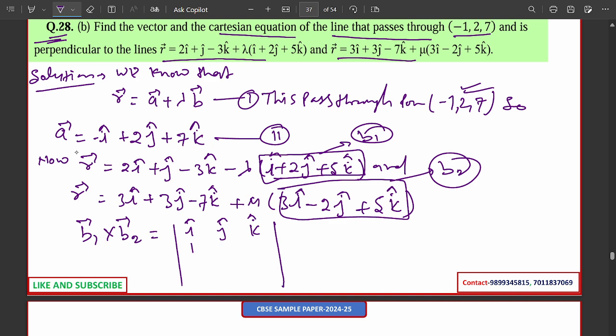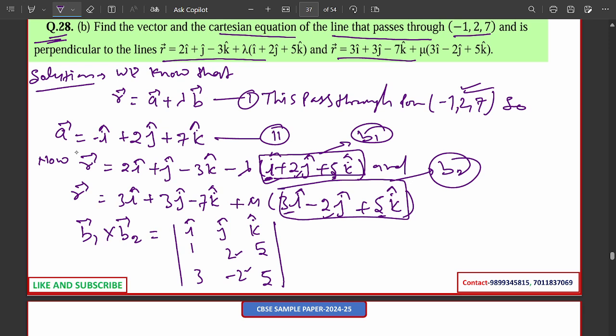The coefficient of i here is 1 and here is 3, so we put 1 and 3. The coefficient of the j unit vector is 2 and here minus 2, so we put 2 and minus 2. And the unit vector k is 5 and here 5. So just solve it.